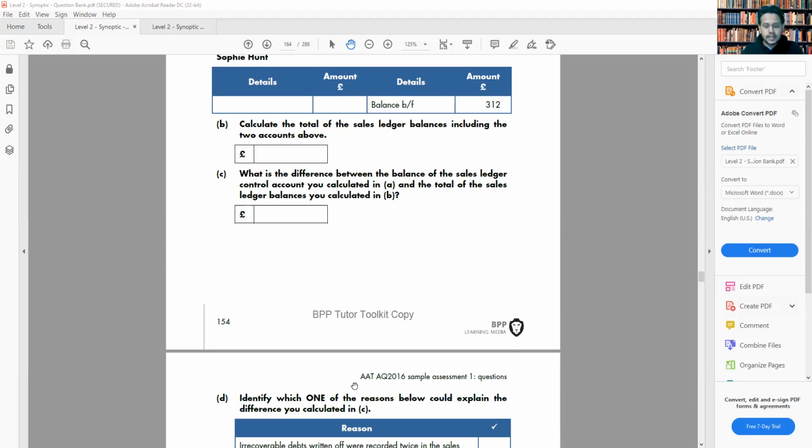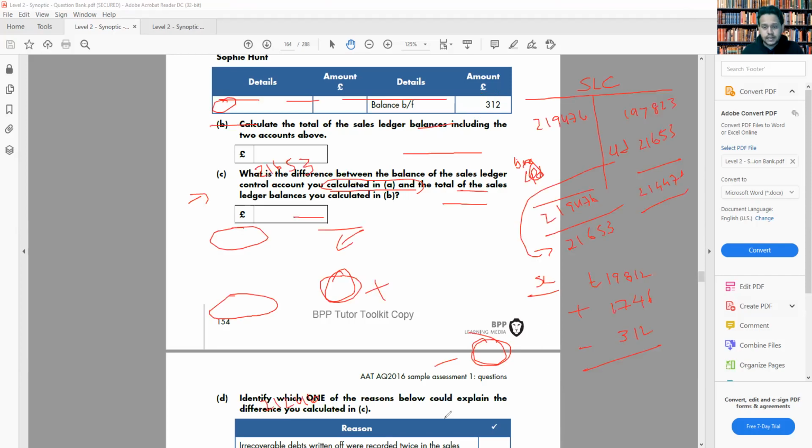So how much is the difference between the sales ledger control and the sales ledger?